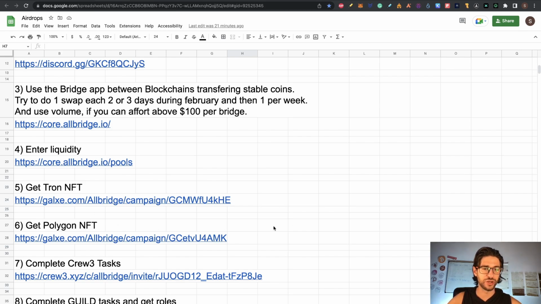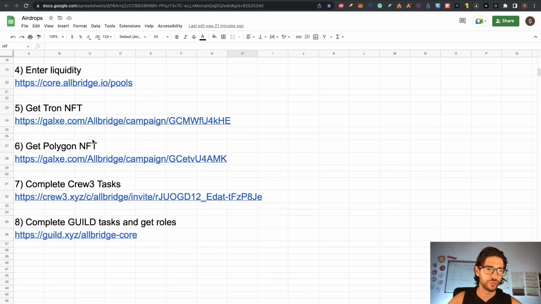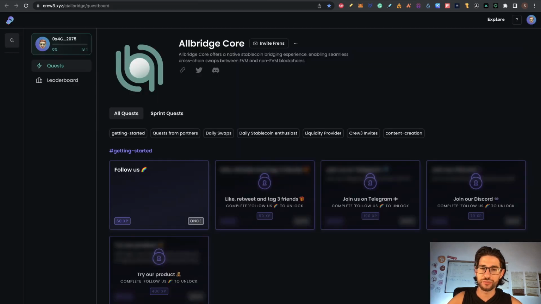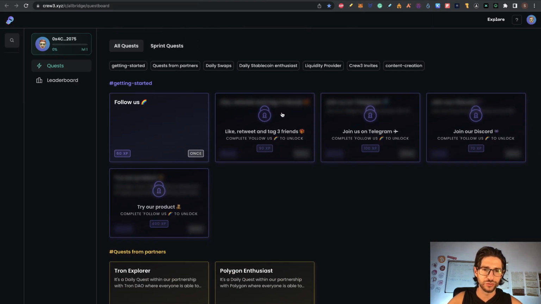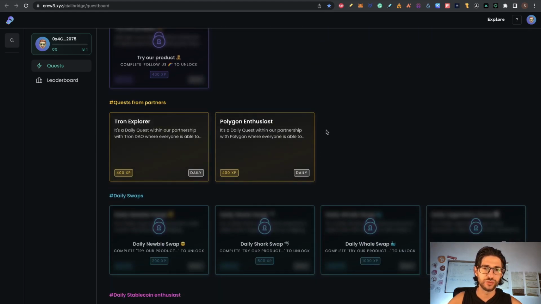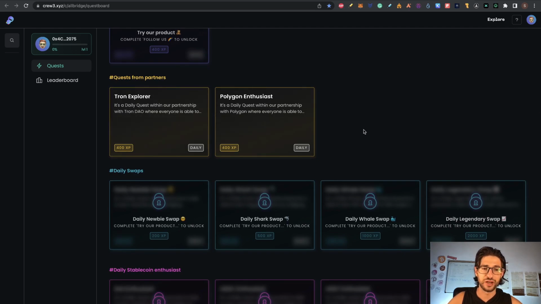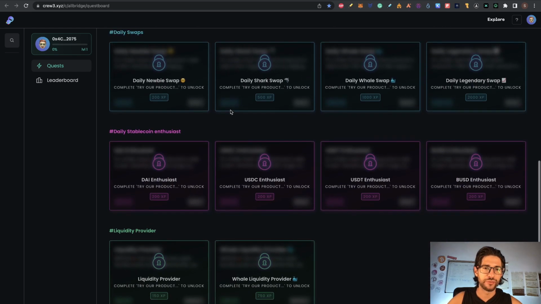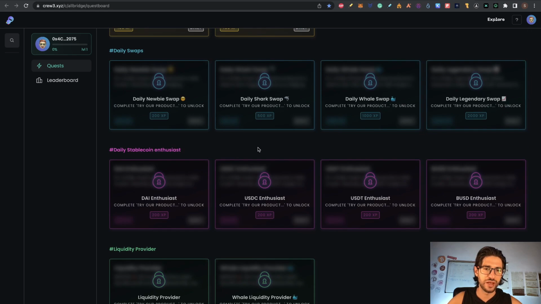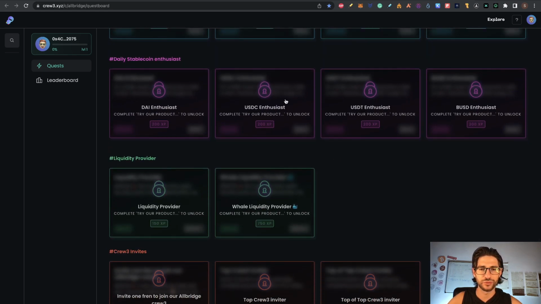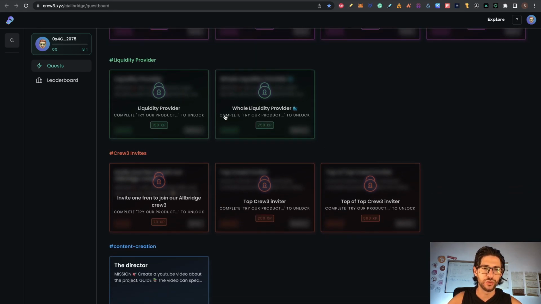After you get the 2 NFTs, you need to complete the Crew3 task, so you can go here to my link and complete the Crew3 task. There are not many, guys. They are very easy to do, like retweet, all that kind of stuff. You need to get some of the swaps, get the 2 NFTs that I already mentioned, do some daily swaps, do some daily stablecoin enthusiast tasks to get some transactions done here, be a liquidity provider.